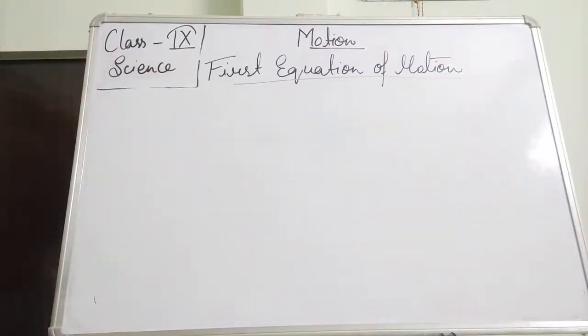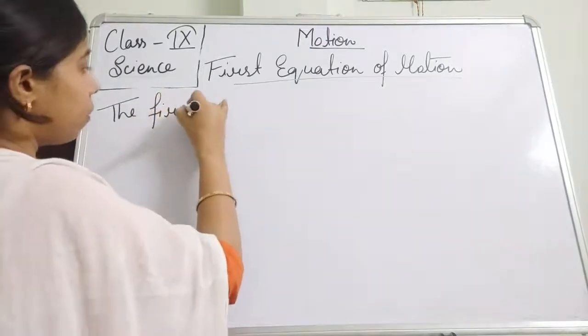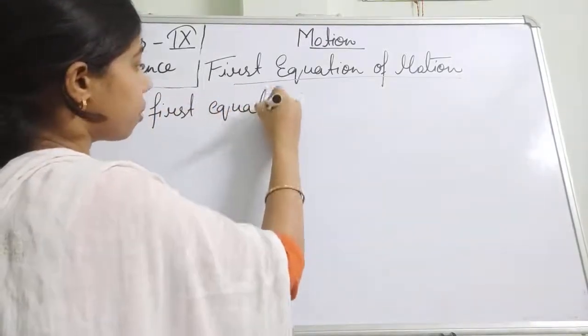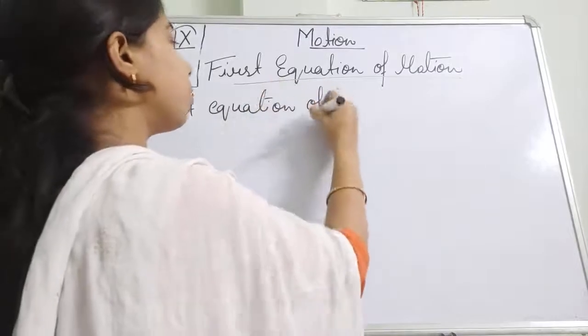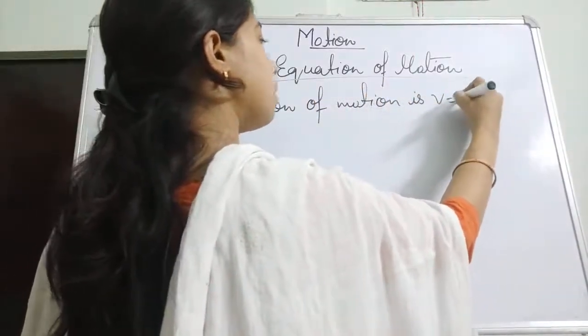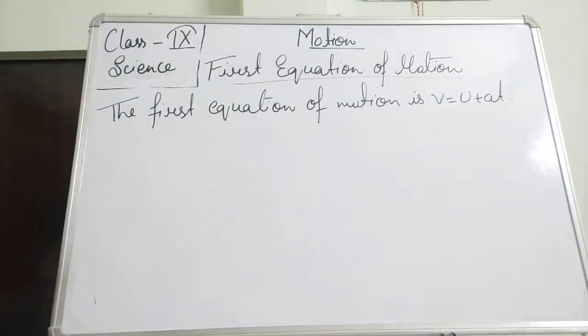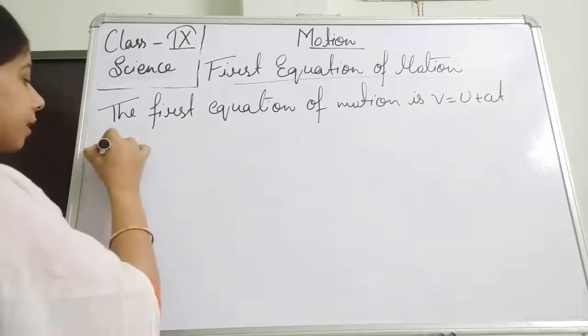So the first equation of motion is v equals u plus at. And what does it tell us, students?